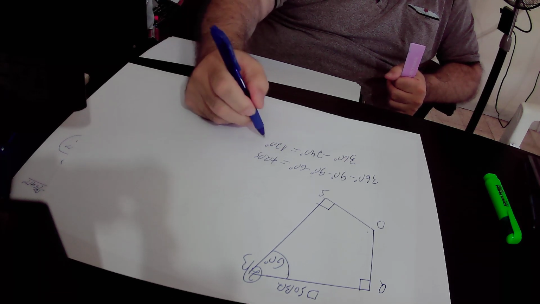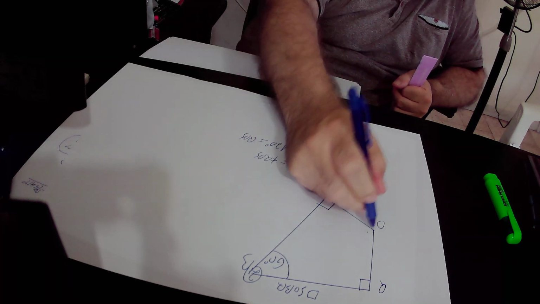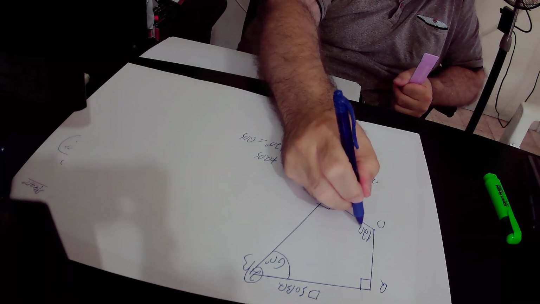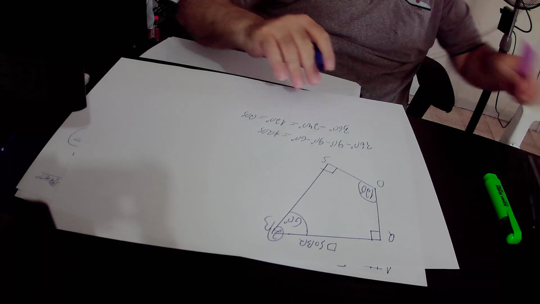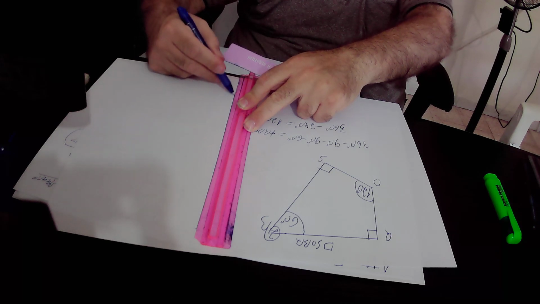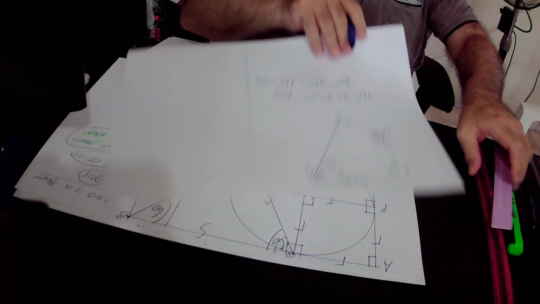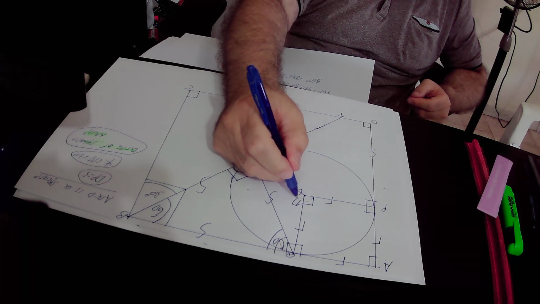So we found out that the missing angle QOS equals 120 degrees. Okay, so you can write in the drawing that the missing angle is equal to 120 degrees.